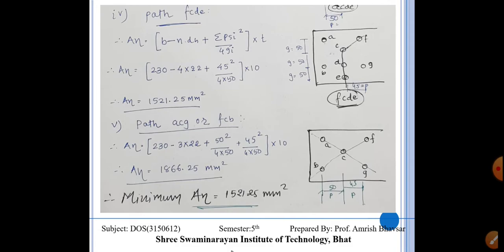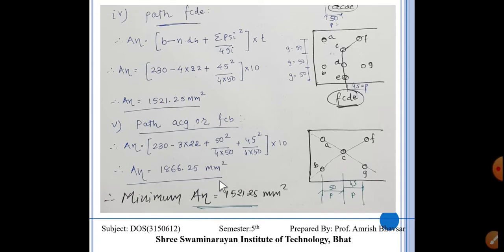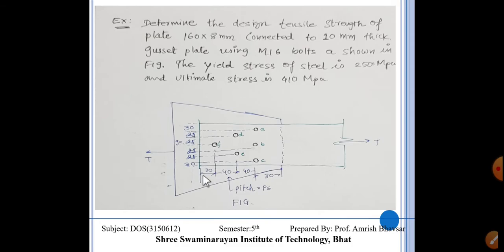From that we can get the minimum net area. Clear? Very good.